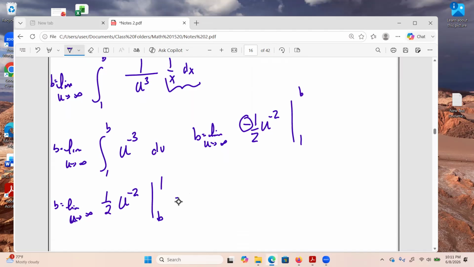So this is equal to 1/2 times, here we have 1 over 1 squared, that's u to the -2, minus 1 over b, technically squared here, right? We just plugged in the b. So this is 1 over, this is getting bigger and bigger and bigger, right? And this is one of the limits that we know from calculus 1. The limit as x goes off to infinity of 1 over x, that's a limit we know, it's 0.